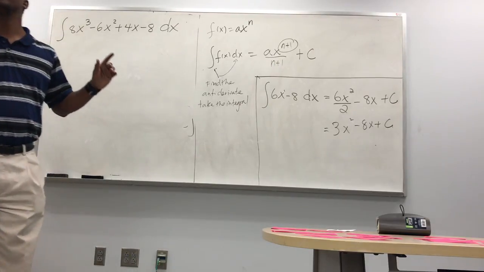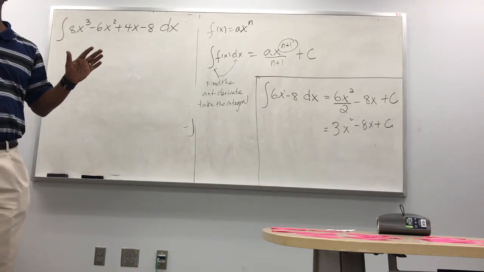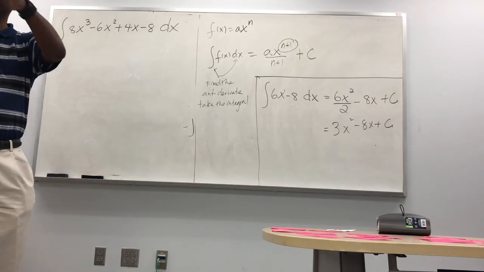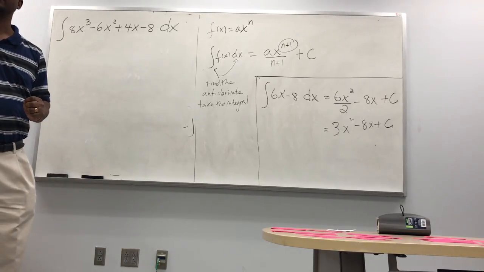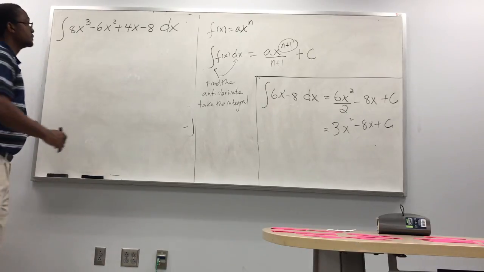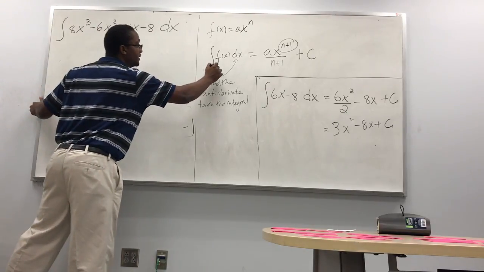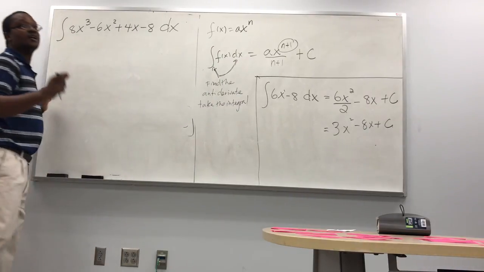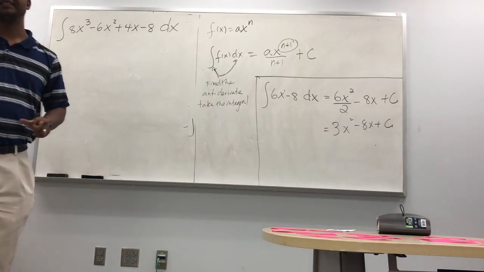Any question so far on what the problem is asking us to do? It is asking us to find the antiderivative. So when we see the integral sign and dx, that means find the antiderivative. The s and the dx together mean find the antiderivative.